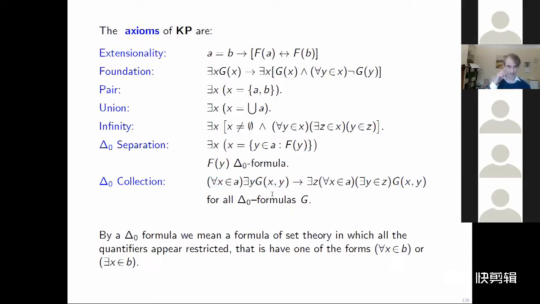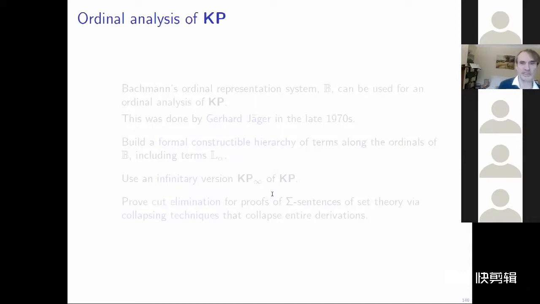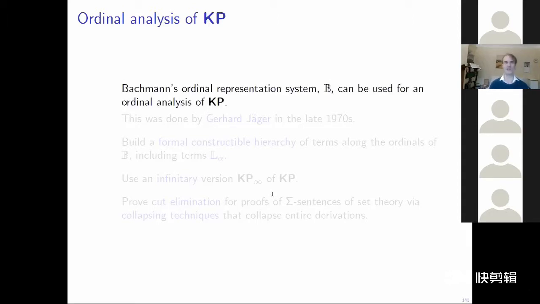Okay, and then the proof theory, the ordinal analysis for this Kripke-Platek set theory, uses the following ideas. It uses the Bachmann ordinal representation system B. Before I go there, this was done first by Gerhard Jäger. At the time, there were similar ordinal analyses for systems of so-called inductive definitions.